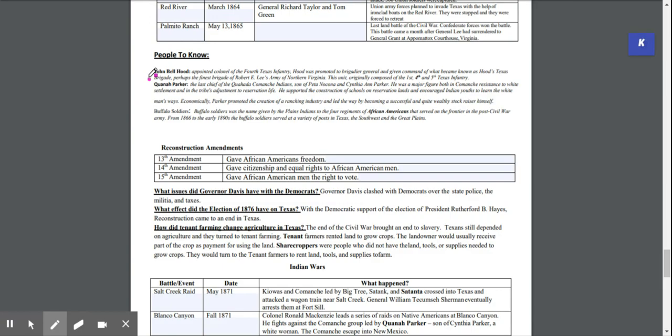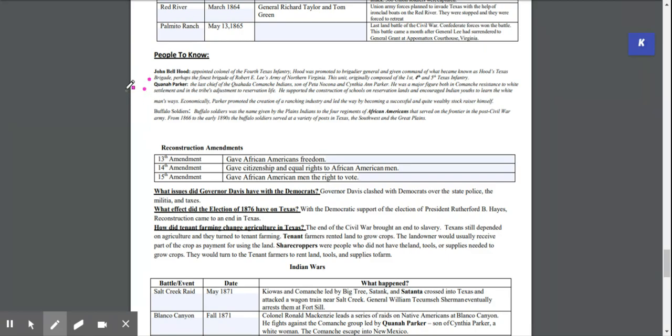John Bell Hood was appointed Colonel of 4th Texas Infantry. Hood was promoted to Brigadier General and given command of what became known as Hood's Texas Brigade, perhaps the finest brigade of Robert E. Lee's Army of Northern Virginia. This unit was originally composed of the 1st, 4th, and 5th Texas Infantry.